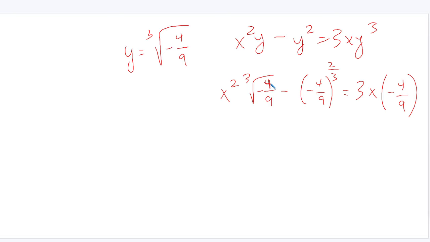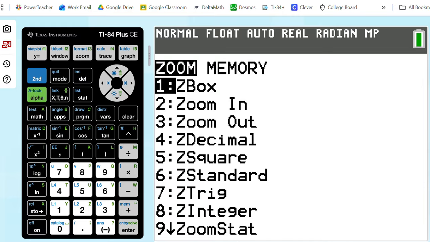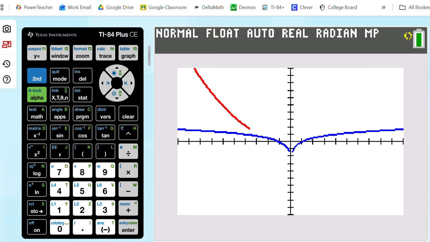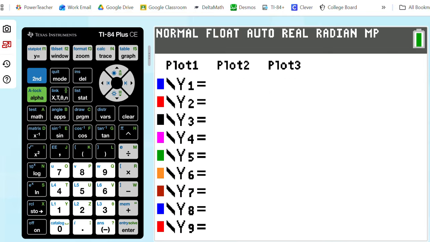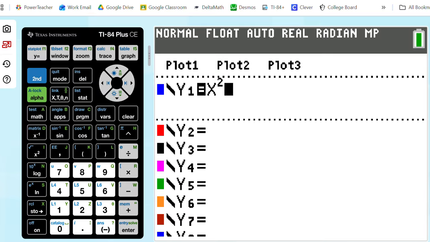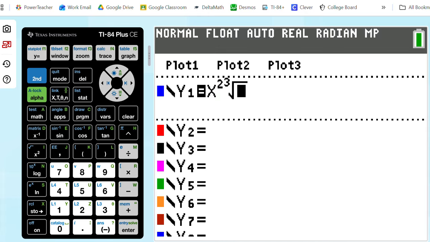So we can just graph both of those equations and make sure that they have an intersection point. So we'll do that on our graphing calculator. We'll hit zoom option 6 just to make sure we're back at our standard window. We'll clear out our old equations, and we've got x squared and then times the cube root, which is in the math window, option 4, cube root of negative 4/9.